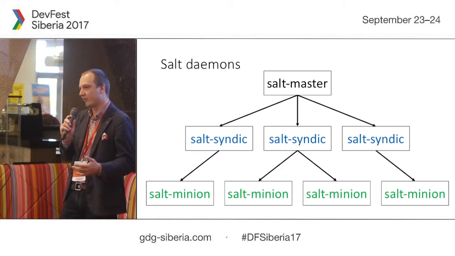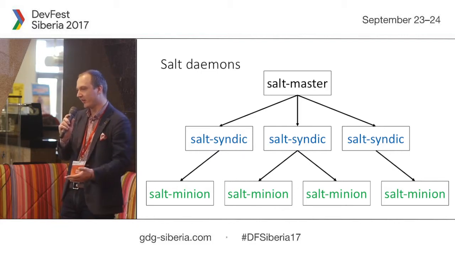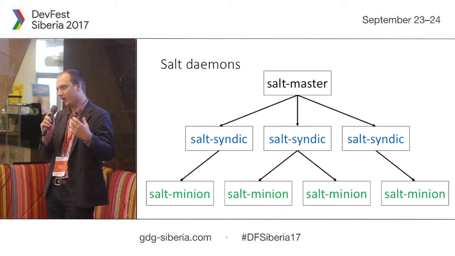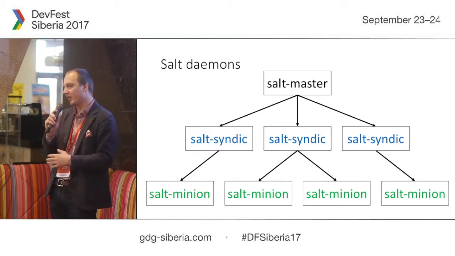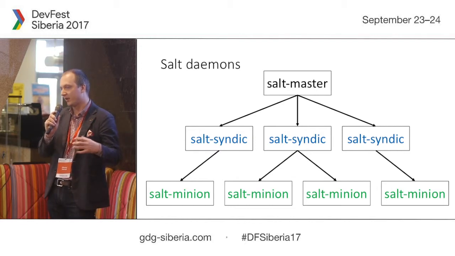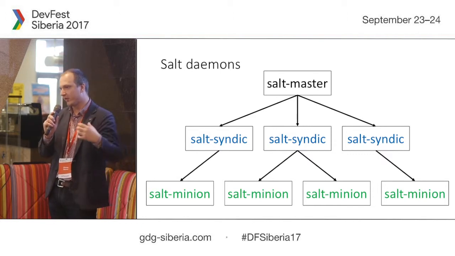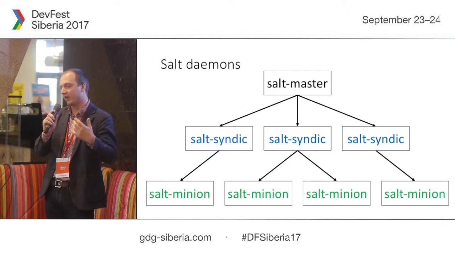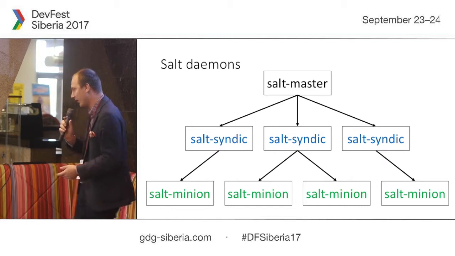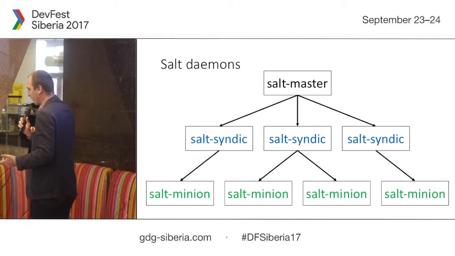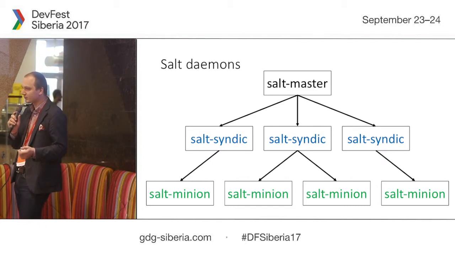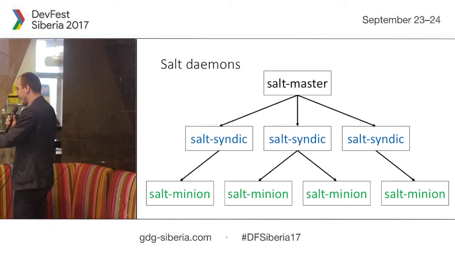Salt Master gets a list of minions to execute, serializes jobs, divides this list of minions into parts, sends these parts to syndic, and syndic proxies this information to minions, gets the results from minions, and then takes only aggregated information about results to master. That is how Salt can be used in large-scale installations.